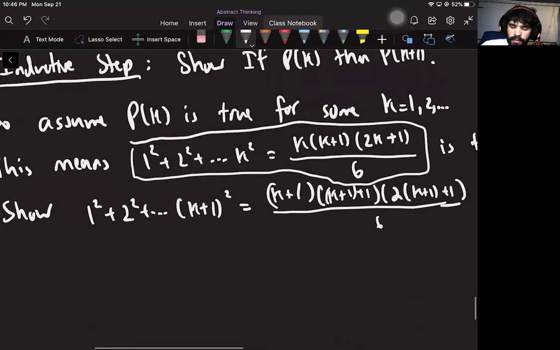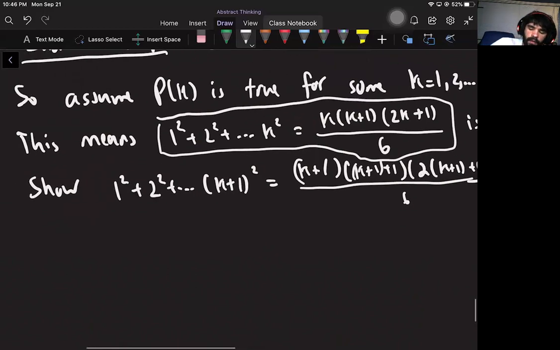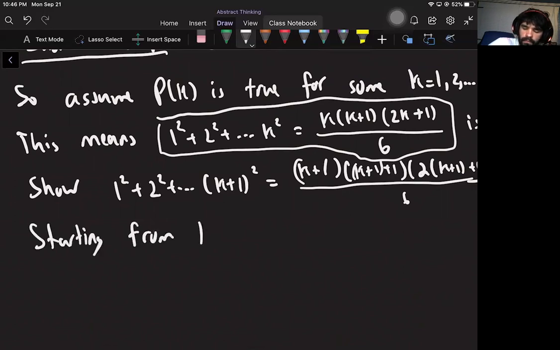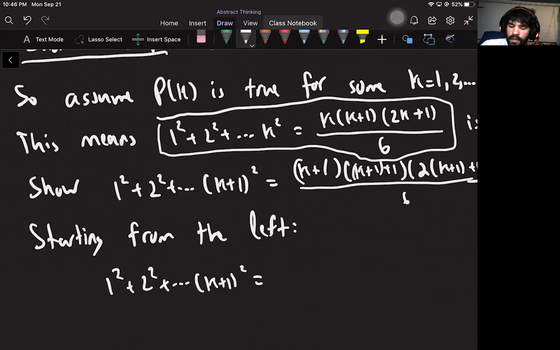Okay, so let's do it. All right, so starting from the left, let's prove it. So 1 squared plus 2 squared plus ... plus k plus 1 squared. How can I involve this equation that's already assumed to be true, meaning I can use it?